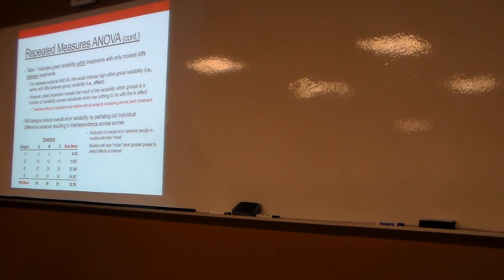And what it ends up doing is it increases the power of our tests, because we have differences, but we know why those are different. Those are differences attributable to people coming in at different levels. Just people are different, right? What we want to do is pull that variance out that's creating some of that interdependence, and just look at systematically how people are changing across a set of assessments.